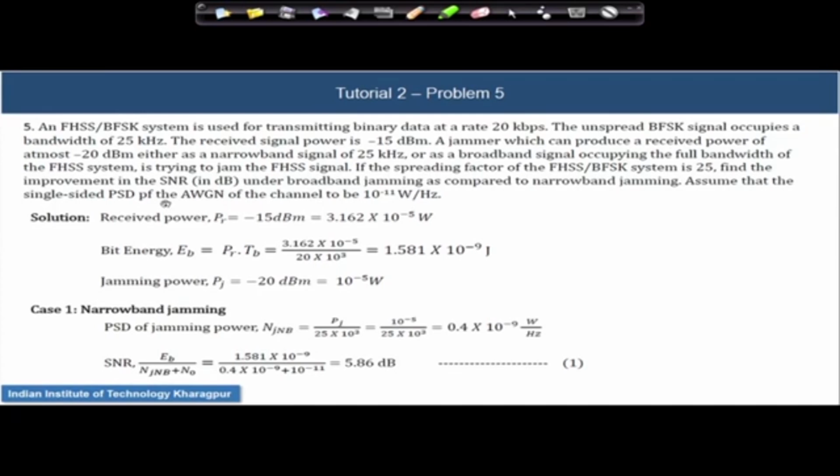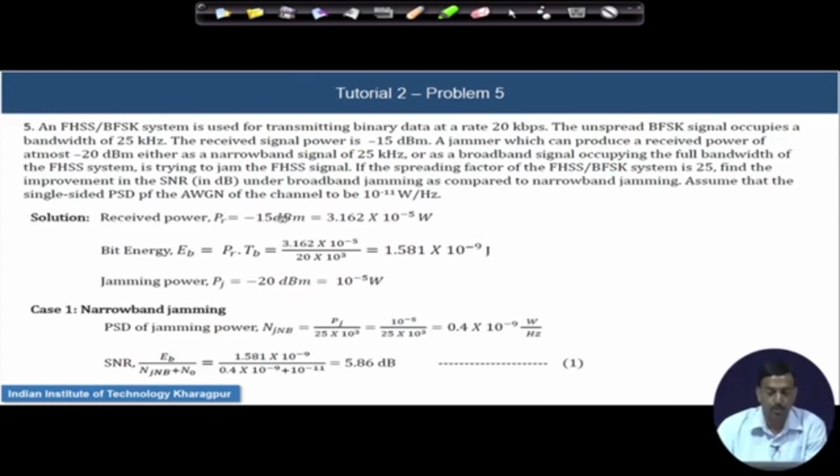Further, we have the PSD of the AWGN channel specified. So this is 10 to the power of minus 11 watt per hertz. The problem to be solved is we need to find the SNR in dB for the narrowband jamming case as well as the wideband jamming case, and we need to see if there is any improvement in this SNR for the narrowband case compared to the broadband case.